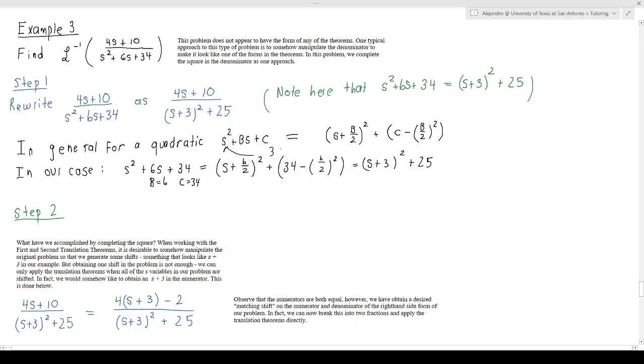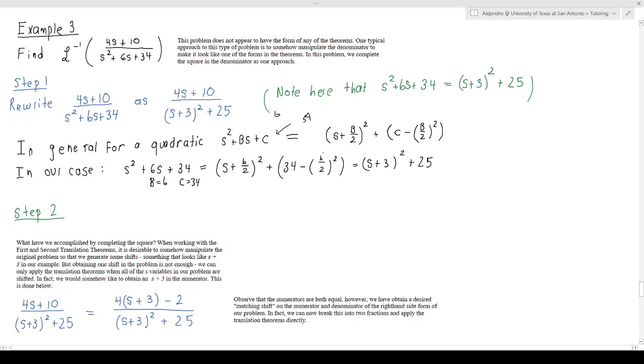It can't be like 3s or anything. Otherwise, we may have to use a more complicated formula for completing the square. But in general, for a quadratic in this form, s squared plus bs plus c, which is what we have, s squared plus 6s plus 34, our b would be 6 and our c would be 34.